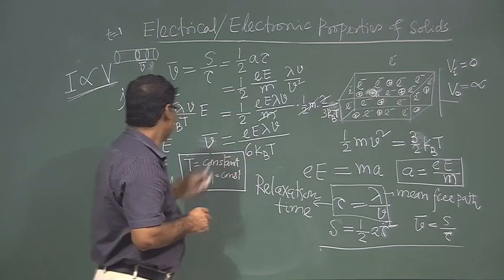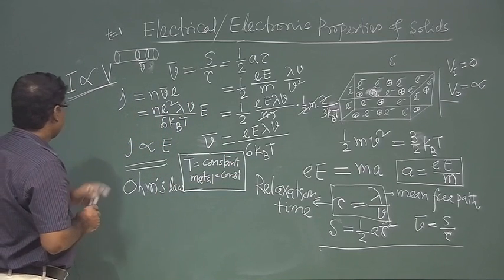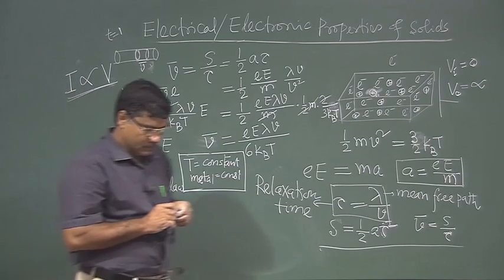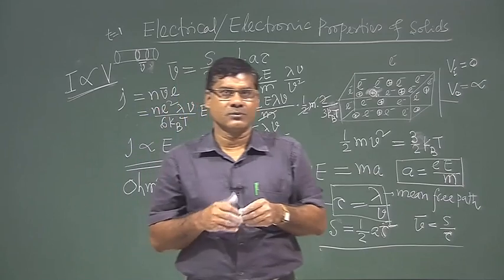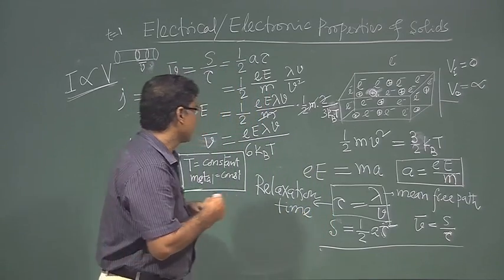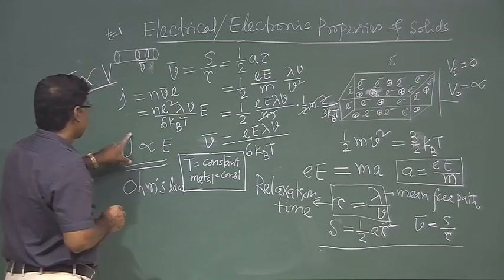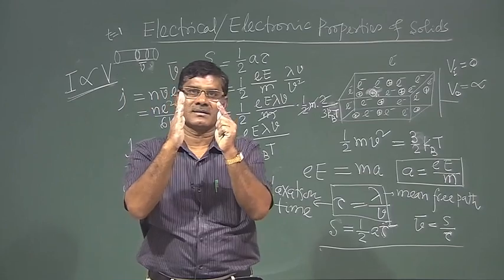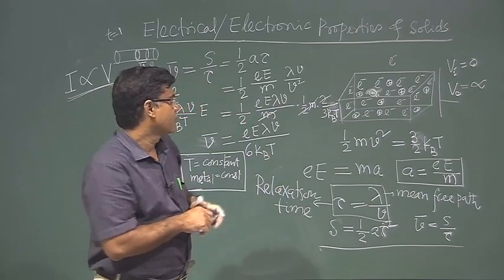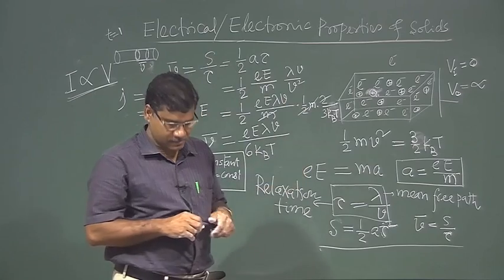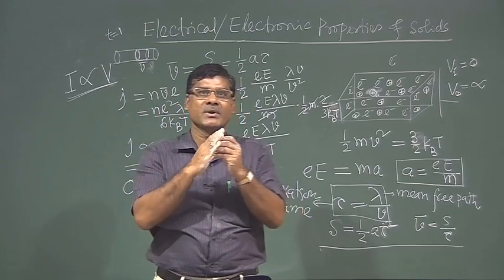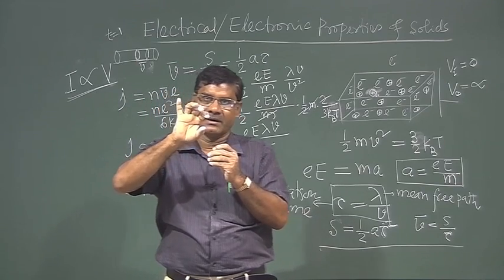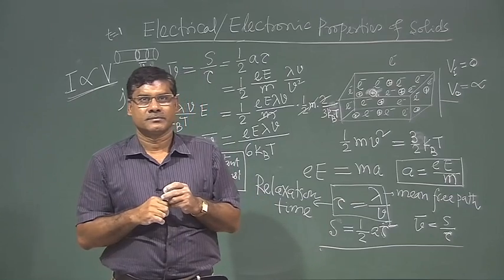So, we could derive this one, and you know the relation of current density and current. To get current from current density, one has to multiply with the cross-sectional area. The charge passes through a rod, a metal, through the whole cross section per unit time.